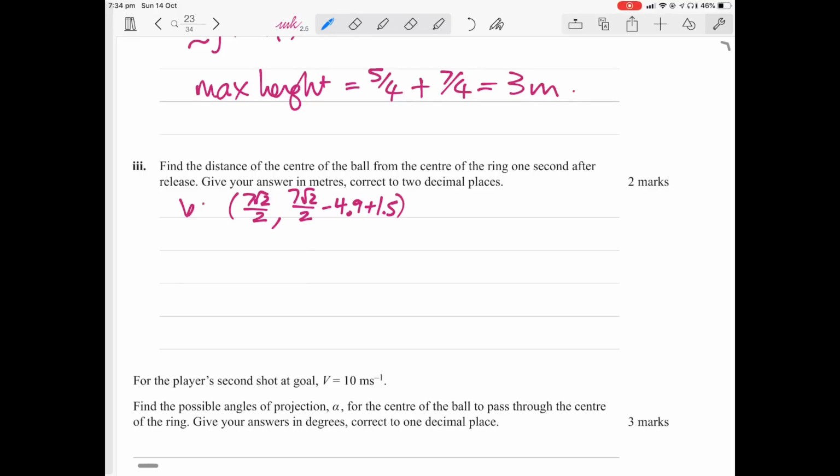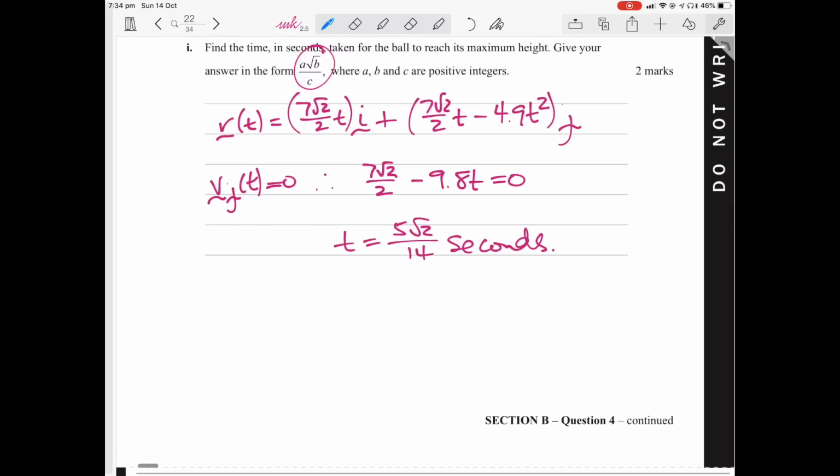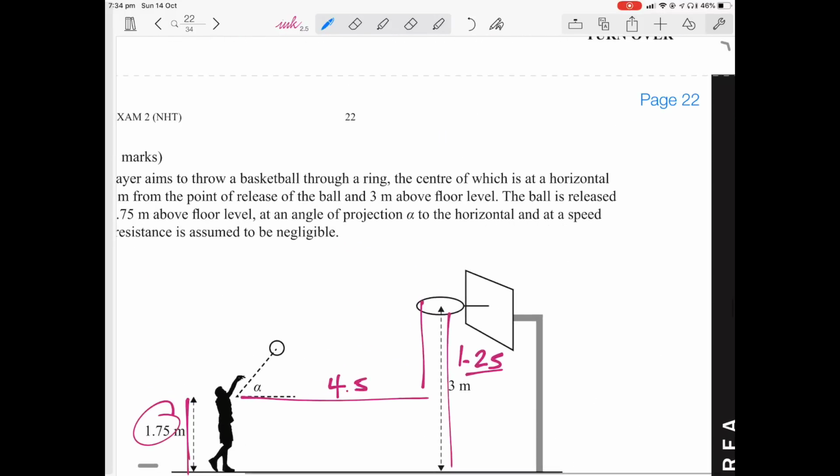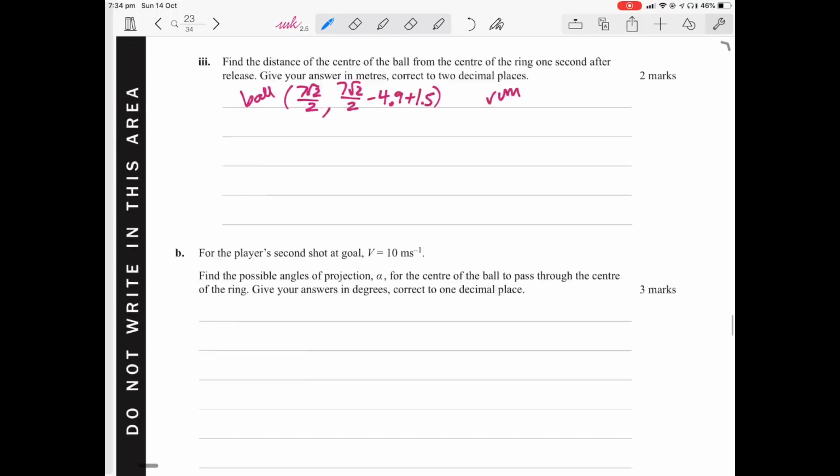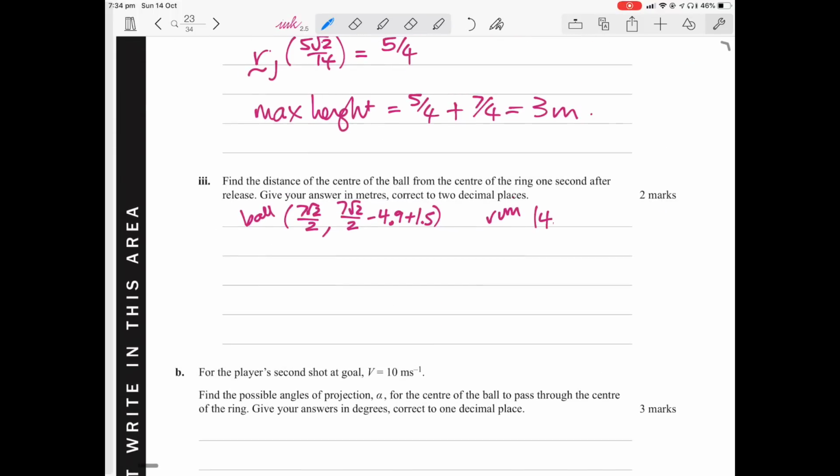So that's the ball. And the rim is 4.53, okay, to 2 decimal places. And what's that going to be? So 7 root 2 on 2, minus 3.4. Yep, 4.53.